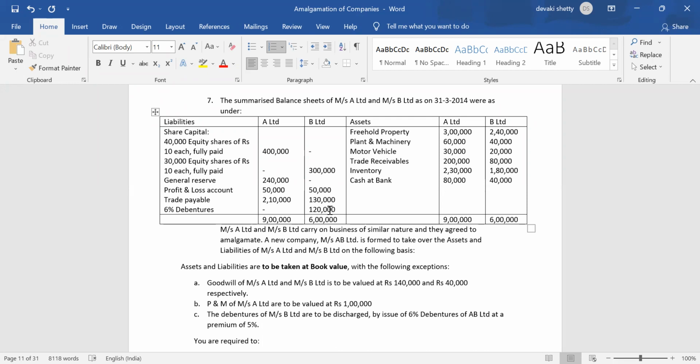Percentage will be the same, but in AB Limited the value will not be the same because it will be issued at a premium of 5%. So 5% of 1,20,000 will be 6,000. So 1,26,000 will be the new value for debenture issue.